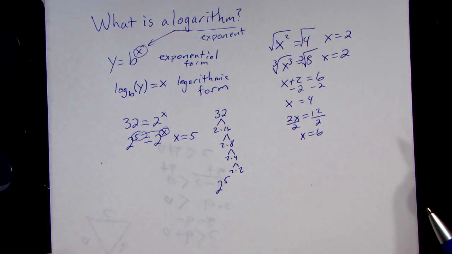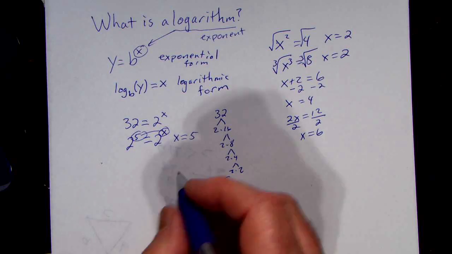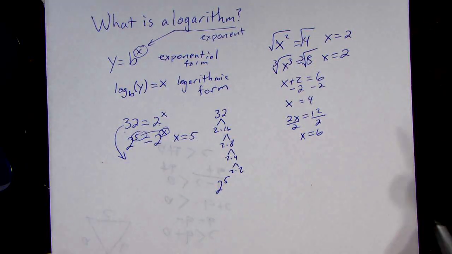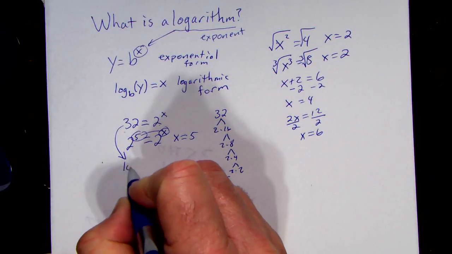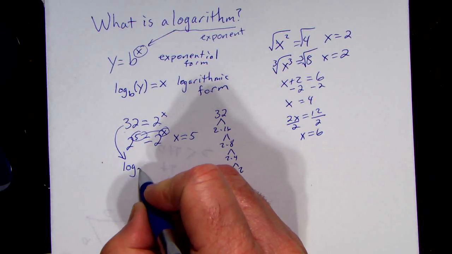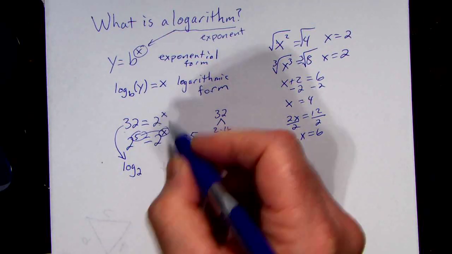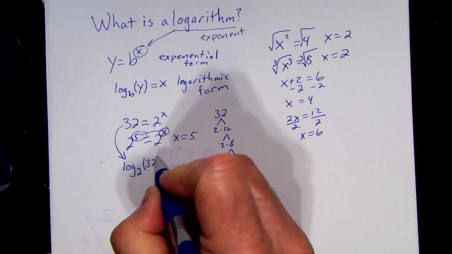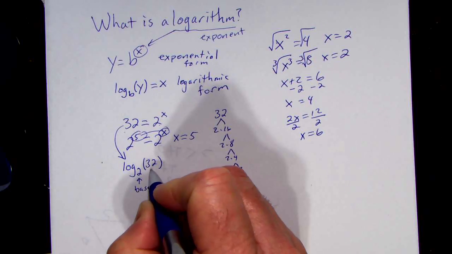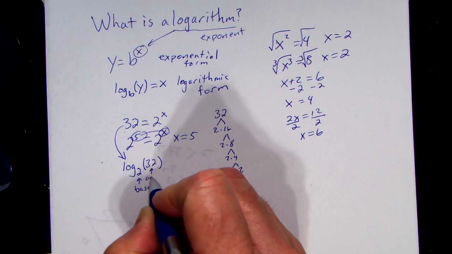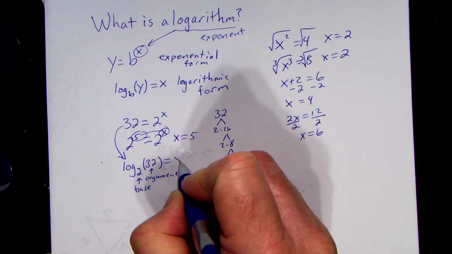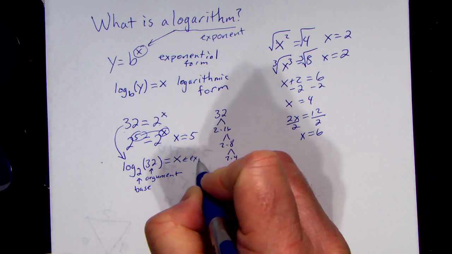Another way to do this is to use the logarithm. So I can translate this equation into an equivalent statement using a logarithm. So the log, the logarithm base 2, that's the base, of 32, right? The 32, the part in the parentheses, is called the argument, is equal to x, which is the exponent.